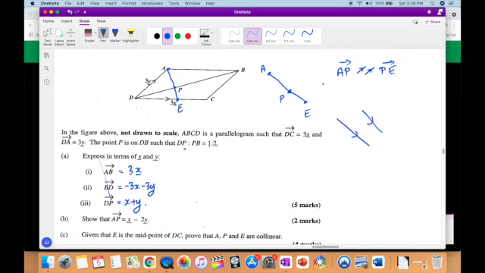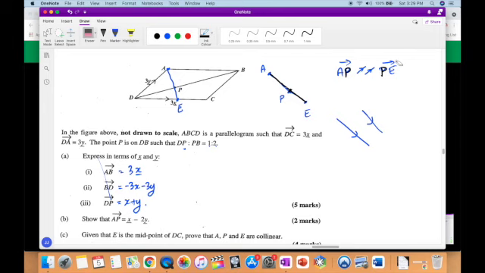But guess what? Two parallel lines could never have the same point on them. So the only way that these two could be parallel and have the same point is if they are the same line and therefore collinear.